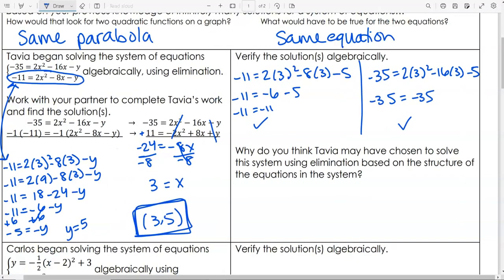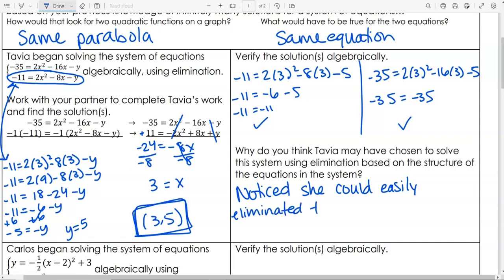Why do you think, when given these two equations, why did Tavia choose the elimination method? Based on the structure of the equations of the system. So look at what was originally given to her. Why do you think she went that route? She could get rid of the x squared and the y. So she noticed she could easily eliminate 2 of the terms, right?